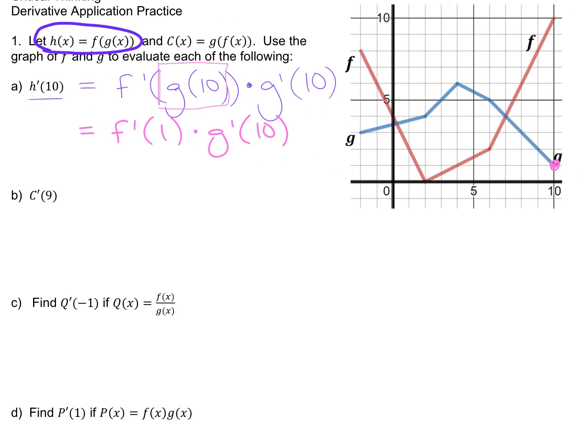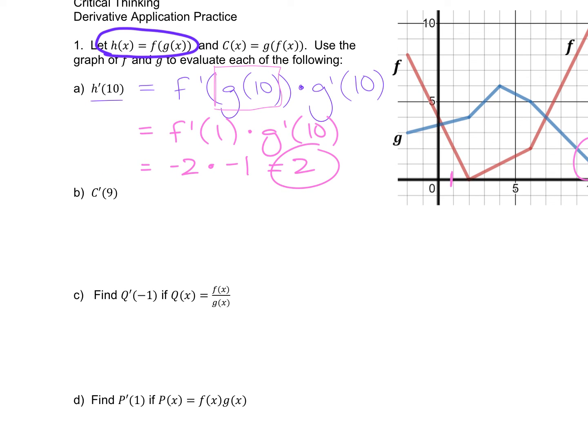Okay? So for f prime at 1, I go to 1. What is my slope at 1? -2. For g prime at 10, I go to 10. Over here, g of x slope is what? -1. Therefore, my answer to this is 2.